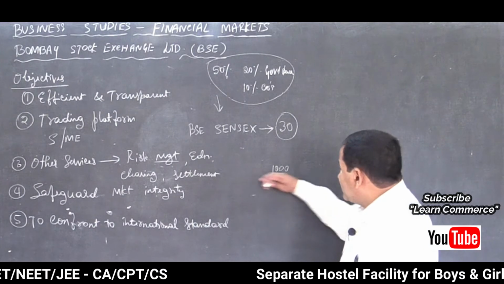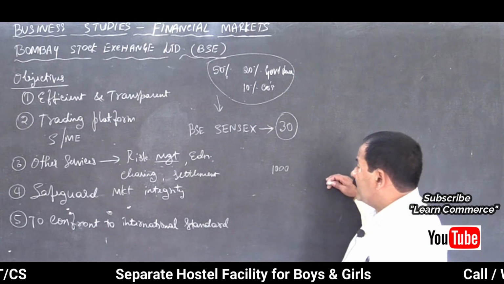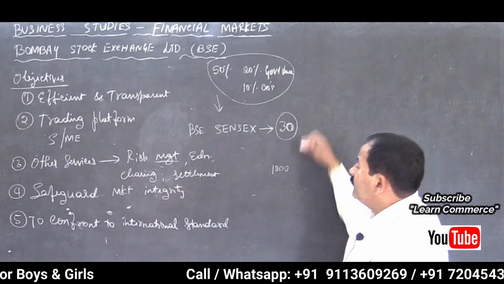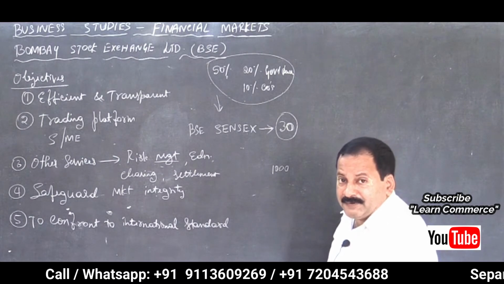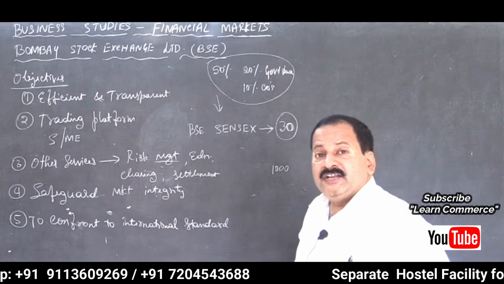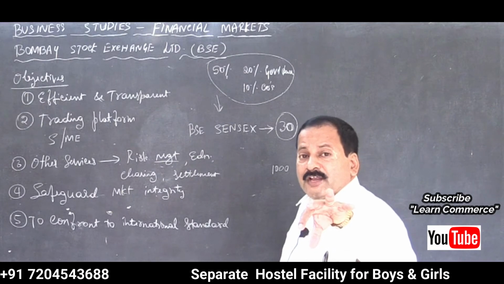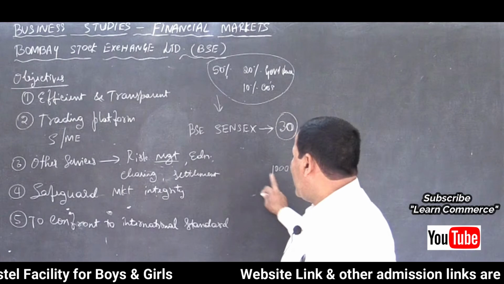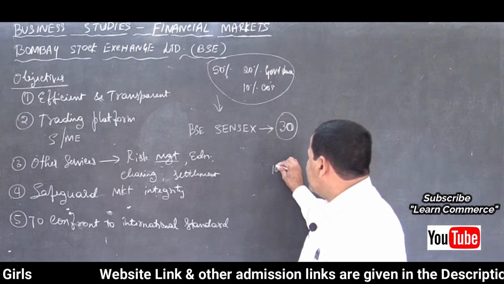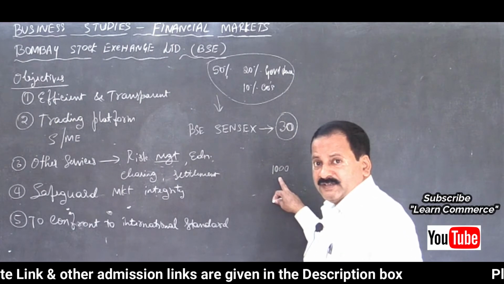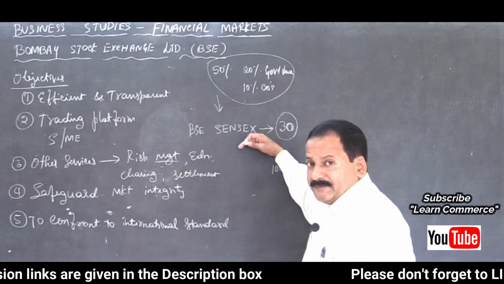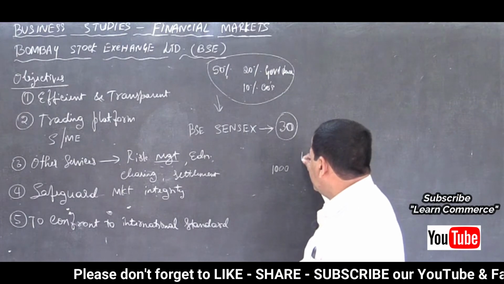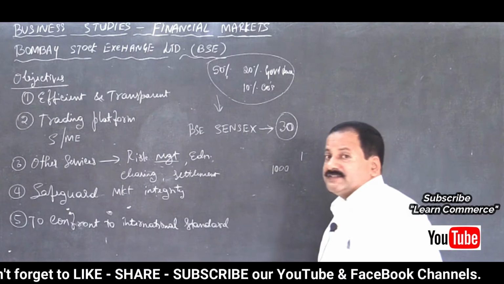A common base will be created for all the securities. Here, 30 companies' securities which are very strong, fundamentally and economically strong, were taken by the Bombay Stock Exchange Limited, and the base price was made as 1000, and any increase further will be represented in the form of percentage, that is a Sensex.